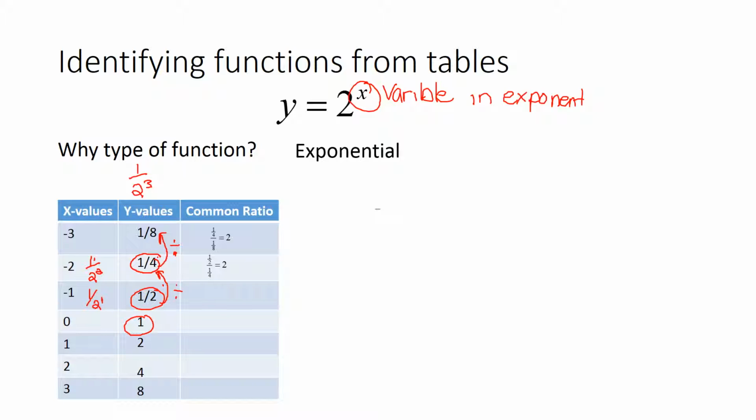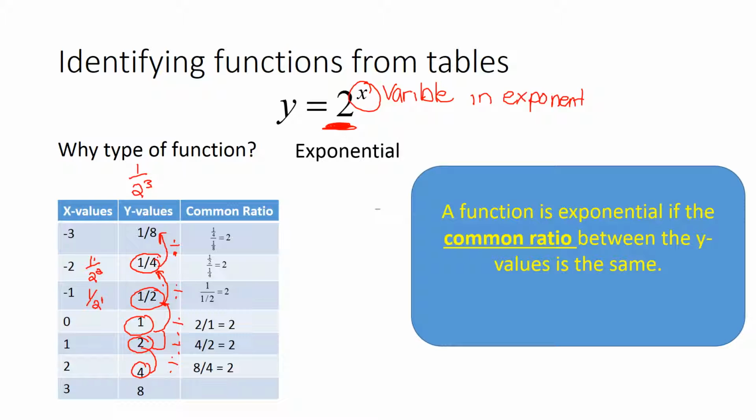Then we have 1 divided by 1/2. And 2 divided by 1. 4 divided by 2. And 8 divided by 4. And we notice that all of these are the same. And it's going to be the same as this base.